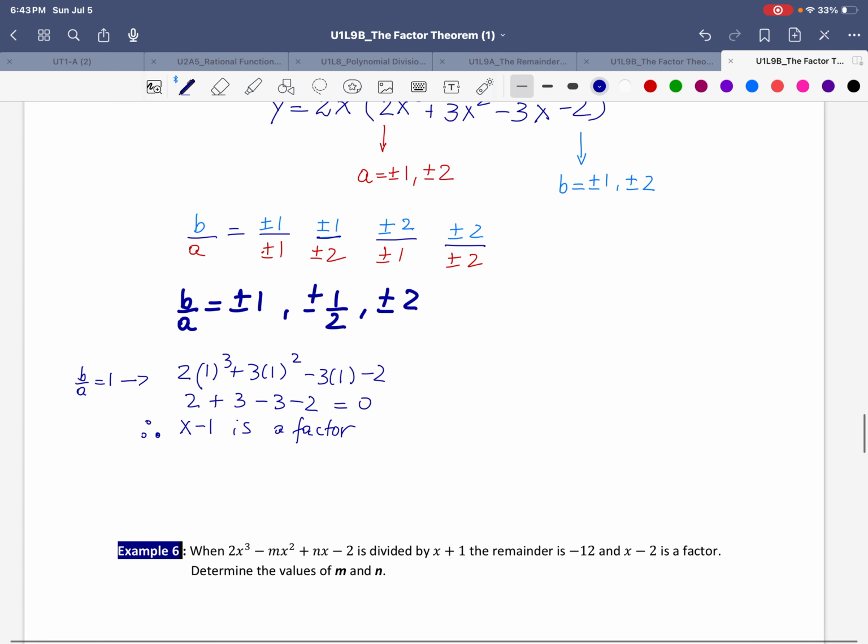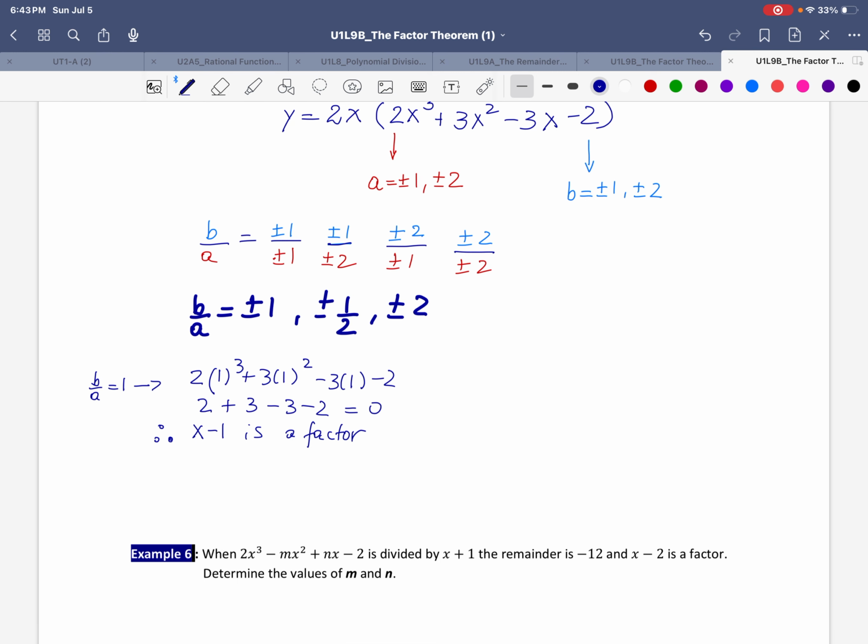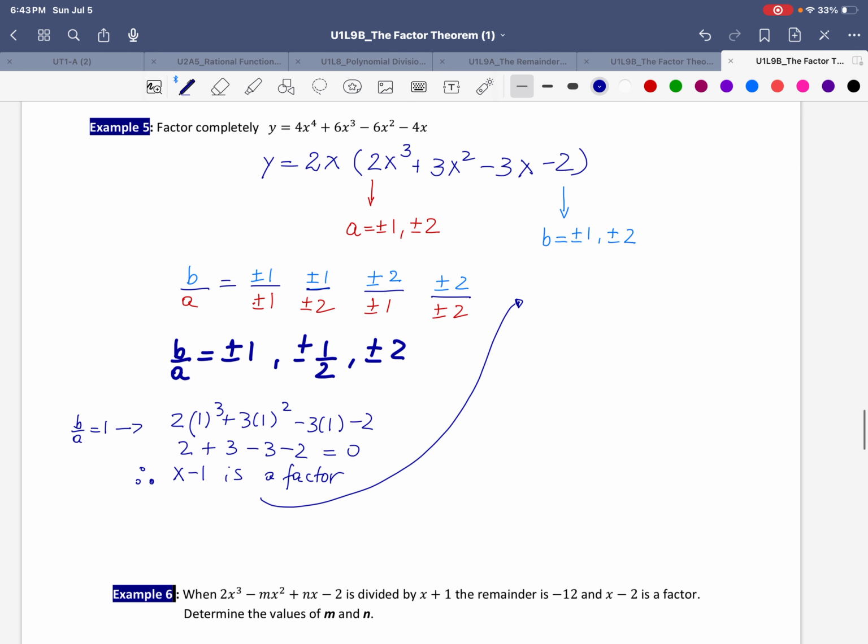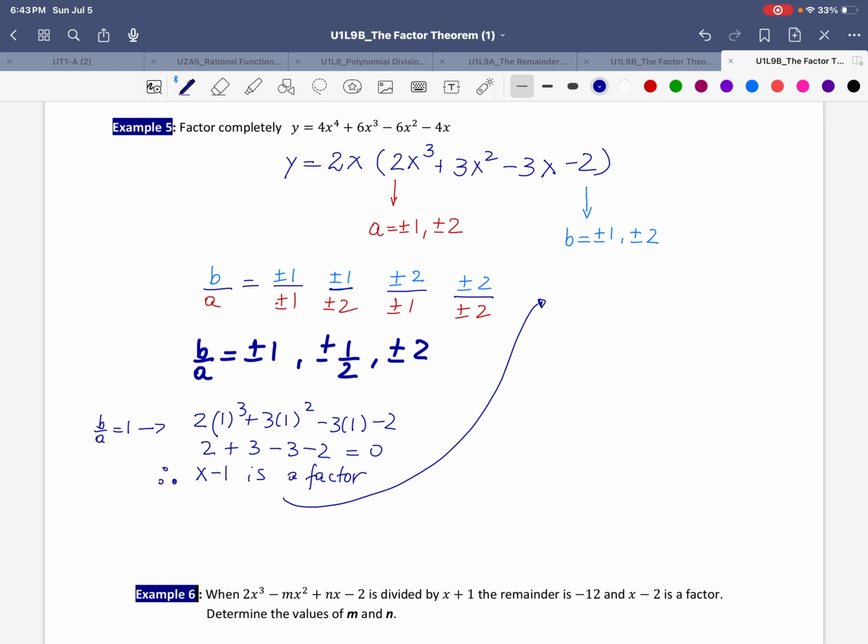So if x minus 1 is a factor, we're going to start our division by the factor to figure out the quotient, which will be the other factor of the polynomial. We're listing these coefficients because this is a polynomial we're factoring at this point. So we have 2, 3, negative 2.